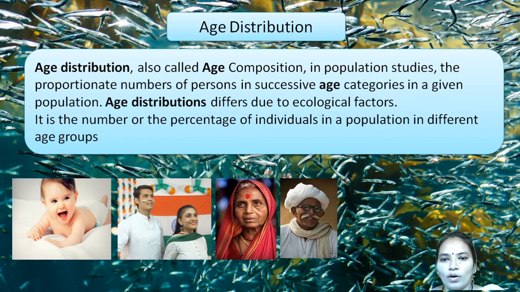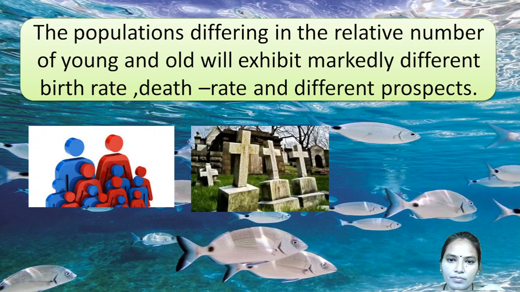It is the number or the percentage of individuals in a population in different age groups. So here we can see a small baby, a young adult, a male and a female, and an old female and male. Populations differing in the relative number of young and old will exhibit markedly different birth rates, death rates and different prospects.